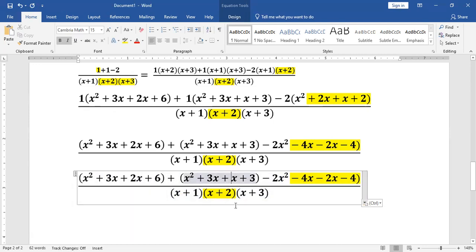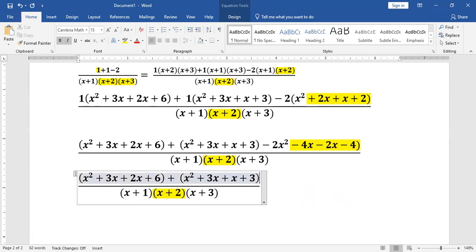Yes, that's 0. Let me remove the top part so that I can be putting numbers here.